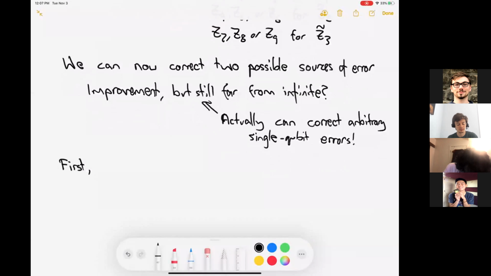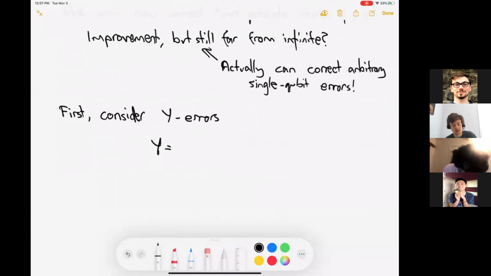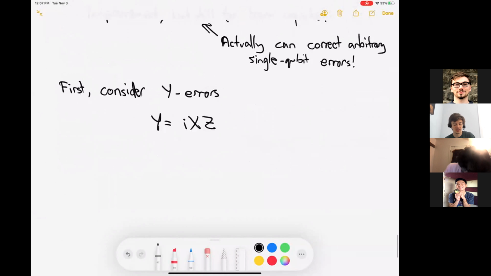First, let's consider a third Pauli matrix, like Y errors. Well, Y is equal to i times X times Z. So let's look at what that does.